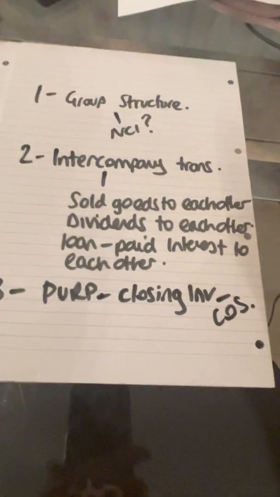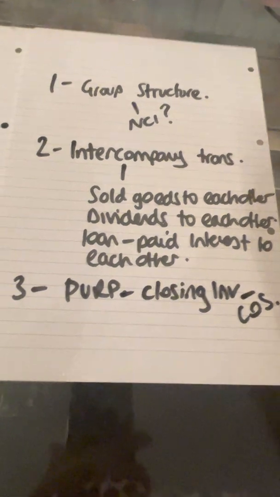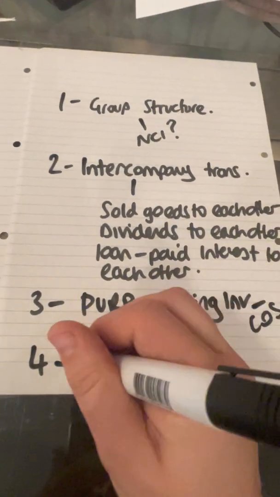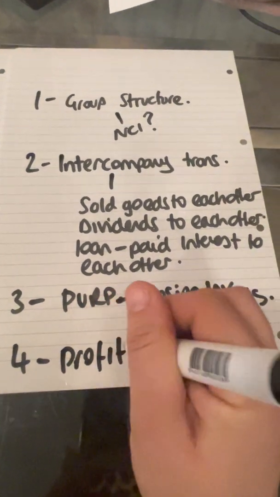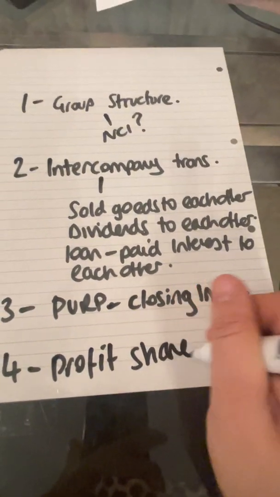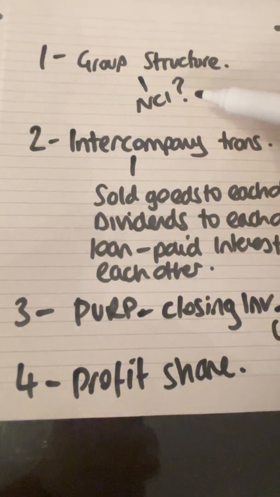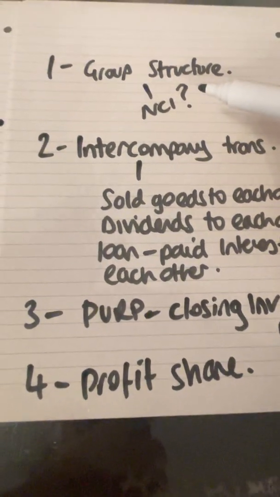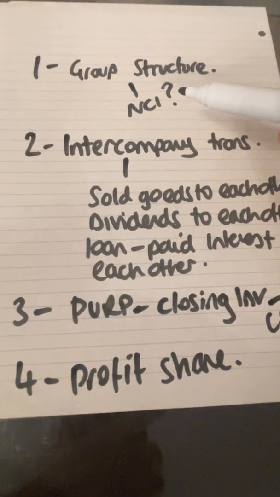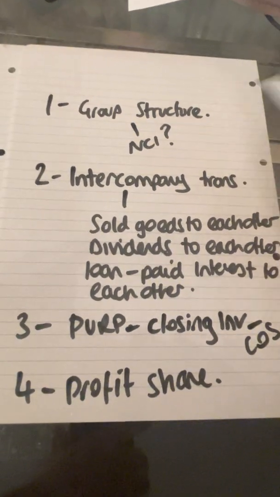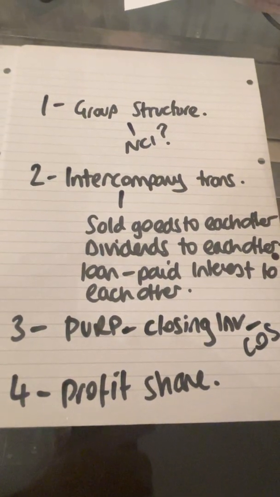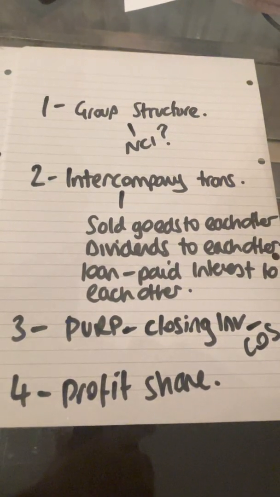And then the last thing, number 4, is the profit share. If we've got an NCI in working 1, we've then got to work out how much of the profit belongs to the NCI. So those are the 4 things that you need to be making yourself aware of. If you need to, pause while you copy those down.